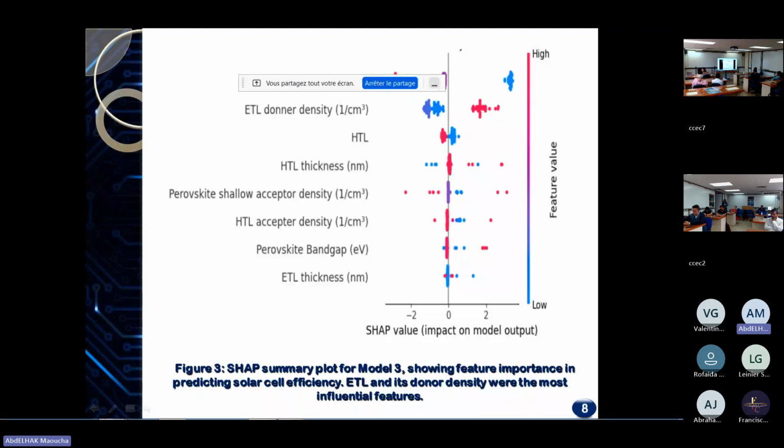Features such as ETL thickness, HTL thickness, and HTL acceptor density had comparatively minor contributions. These results underscore the critical impact of ETL composition and doping on photovoltaic performance, while also pointing to secondary roles for the perovskite absorber and hole transport layers.